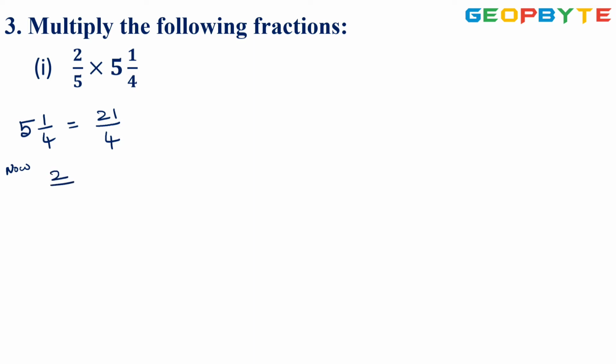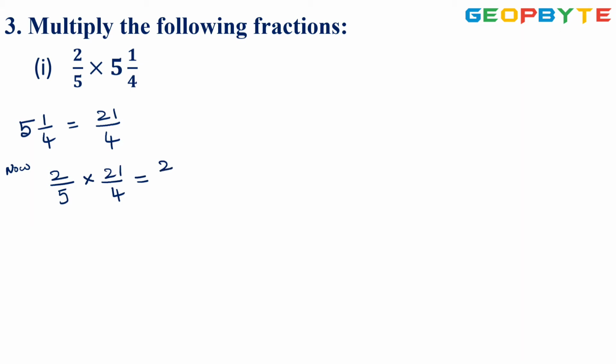Now 2 by 5 into 21 by 4. By the rule of multiplication of a fraction, product of fraction is equal to product of numerators by product of denominators. So product of numerators.